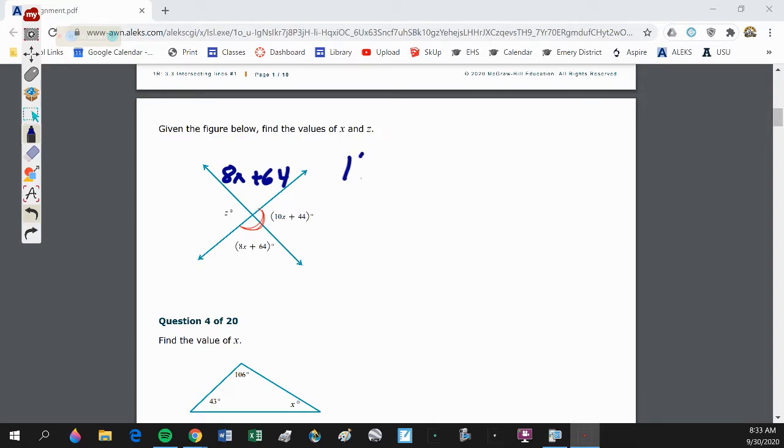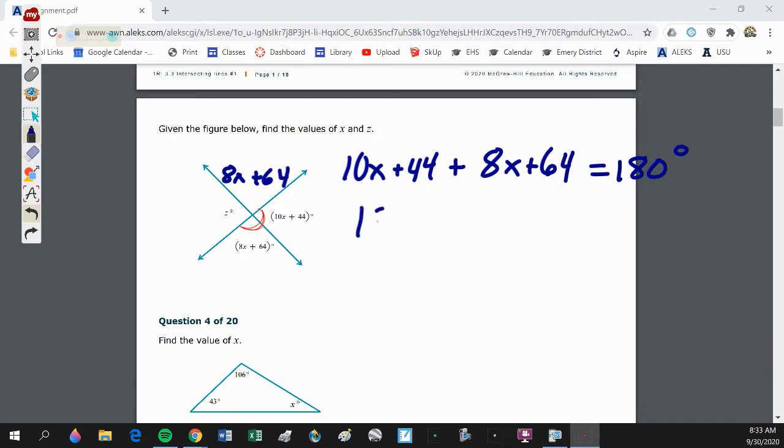They equal 180. They're a linear pair. So 10x plus 44 plus 8x plus 64 is equal to 180 degrees. Now we combine like terms. 18x plus 110 equals 180. Or not 110, sorry, 108.